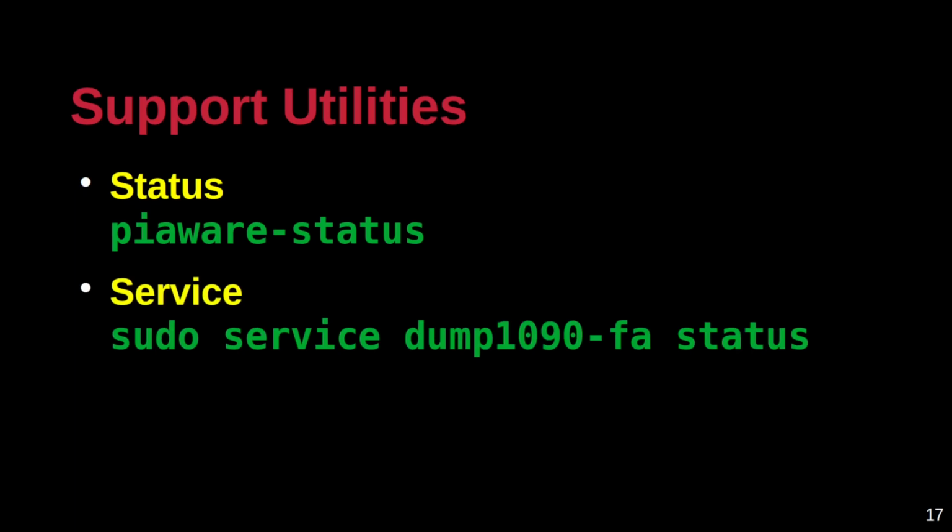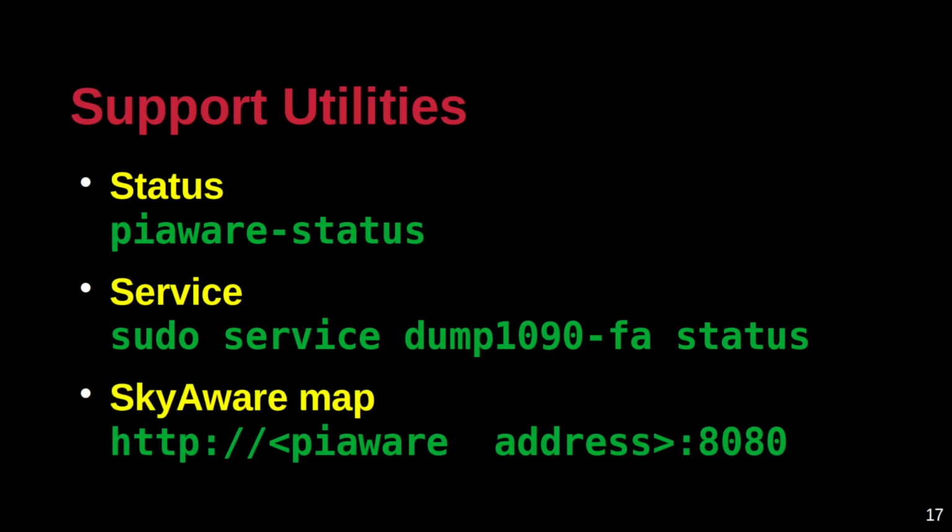While there are many configuration settings, this slide illustrates three common ways to examine the status of your installation. piaware-status provides a simple summary of the PiAware operations on your computer.